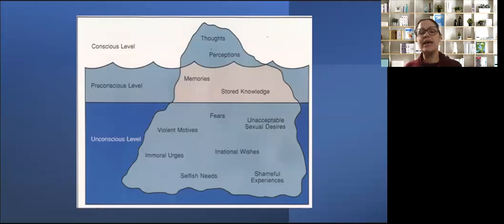And then, as you can see, the biggest part of the iceberg is the unconscious level. That's what Freud is arguing is largely under the surface, but it's controlling all of your behavior. So things like fears, violent motives, selfish needs, irrational wishes, and so on and so forth. So that's just an image to give you an idea of what the three different levels look like.